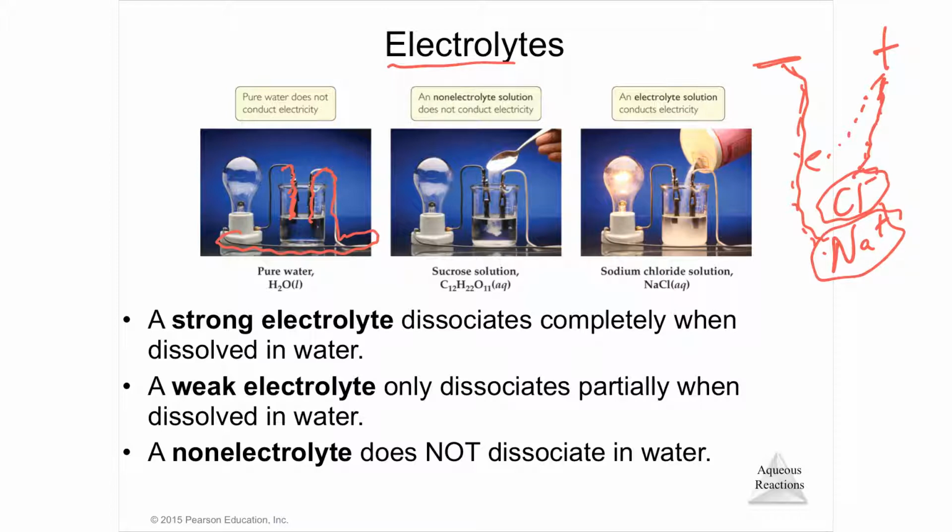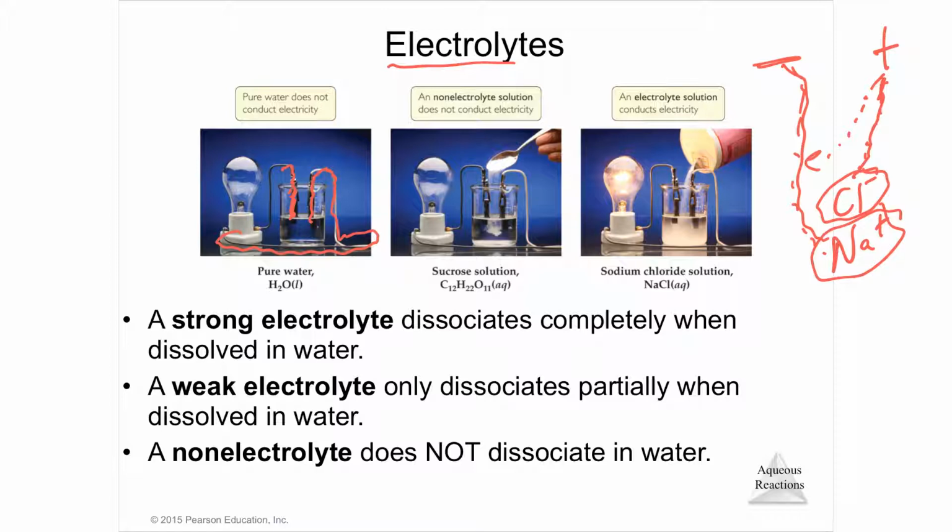You can complete a circuit and the light bulb will shine. So the first thing that they've done is they've put in sugar, sucrose, C12H22O11, and sucrose does not dissociate. The water kind of holds it a little bit, so it does interact slightly with the water, but it doesn't break apart into ions.